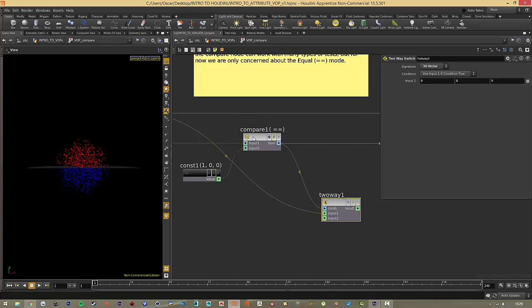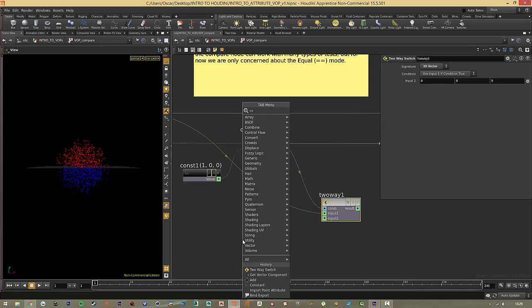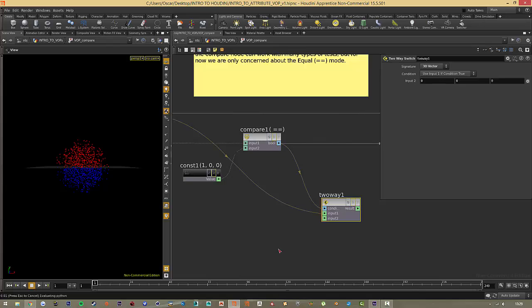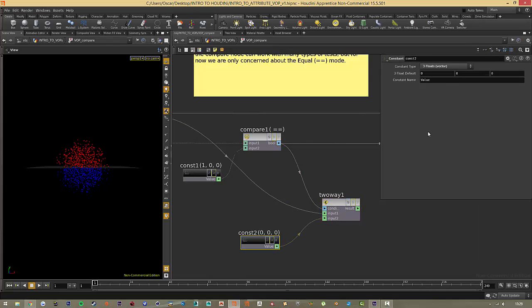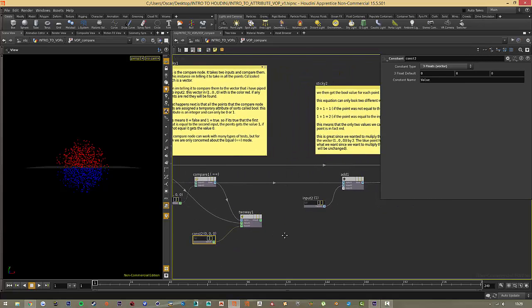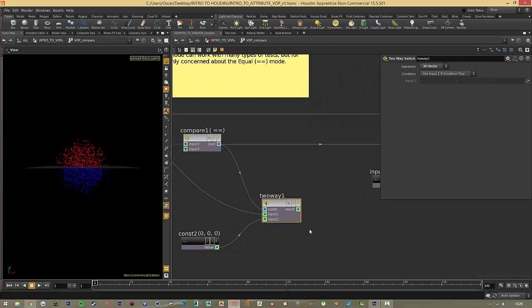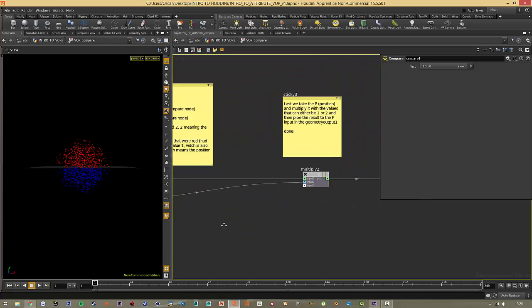If the condition, however, is false, we're going to use the constant vector of 0, okay? So now the two-way switch will either switch between the original position or 0, 0, 0, okay? And it grabs the compare node's Boolean value, which can be 0 or 1. Let's pipe the result from the two-way switch into the position.